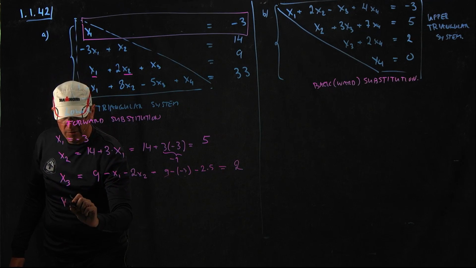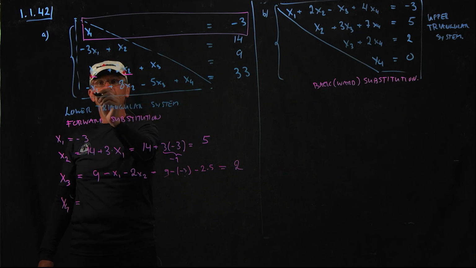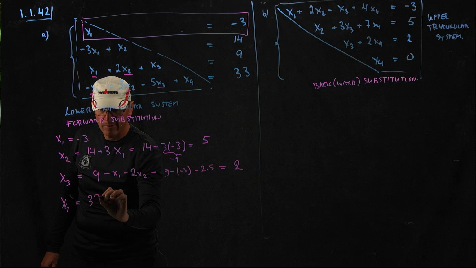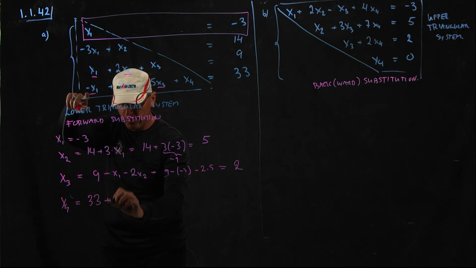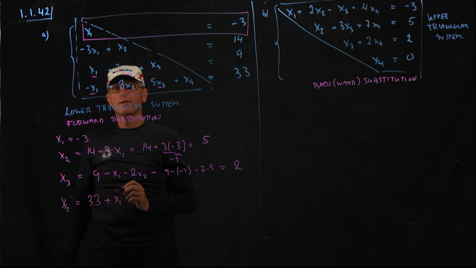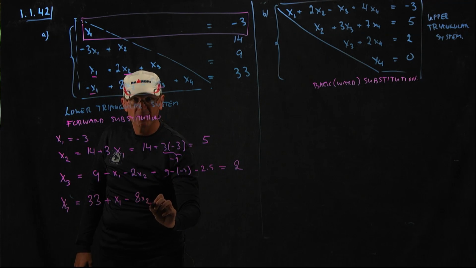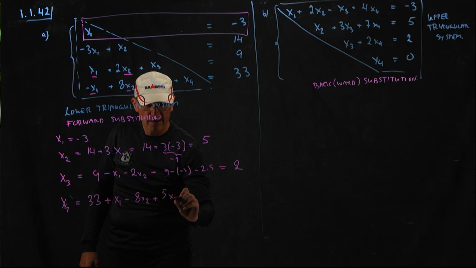And finally, x4, like we get here, x1, x2, x3 are known. So we have 33 plus x1, because of the minus sign, subtract 8x2 and add 5x3.